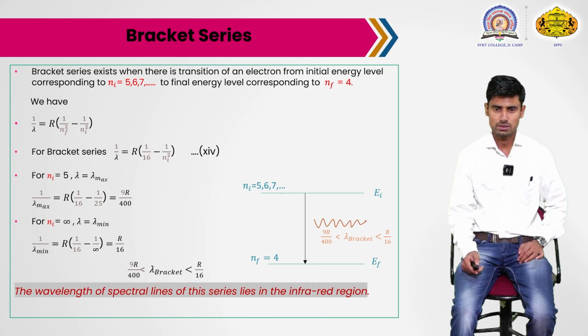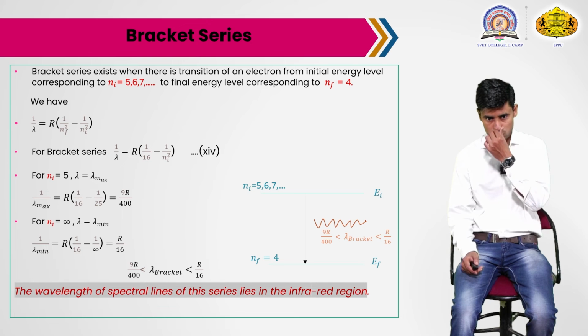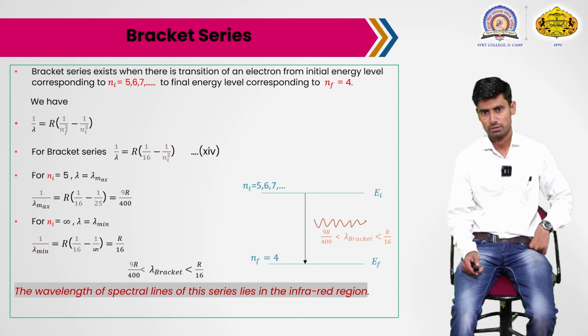Here also we can find the series limit. By substituting the value of Ni as 5, I will get the maximum wavelength for the Brackett series, and here equation 14 will become 1 by lambda max equals R into 1 by 16 minus 1 by 25, which comes out to be 9R by 400. Similarly, we can find the minimum wavelength.